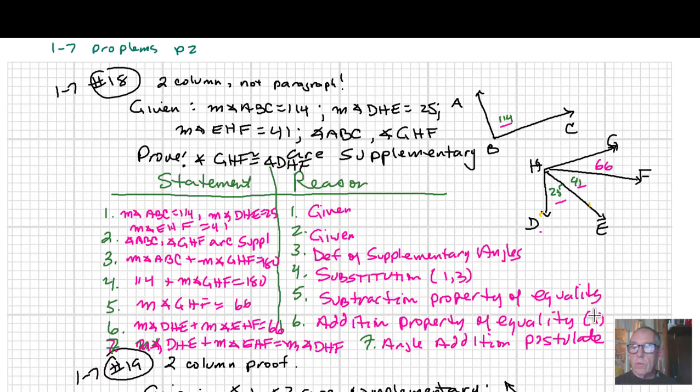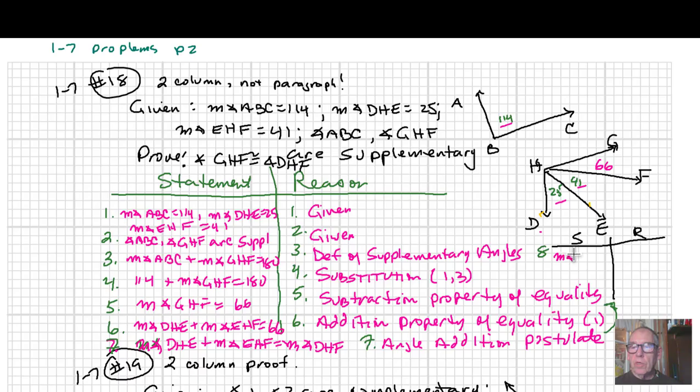Okay, let's go up here for step 8. Here are 2 columns. Need a statement, need a reason. And let's see, what did we do so far? If DHE and EHF are 66 and DHE and EHF are also DHF, I can substitute and say that DHF is equal to 66.